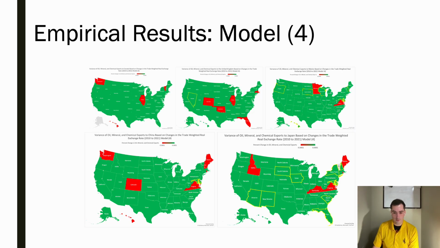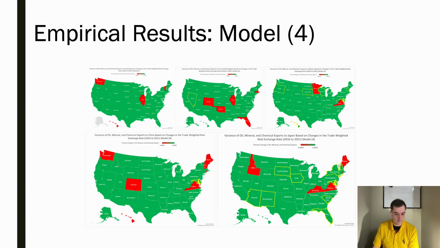And these are the results for the last model, where I used a different measure of the real exchange rate based on that Ellis paper. Again, there's not a whole lot of statistical significance except looking at Japan in this time period. There's a fair amount of states where the number of trading partners and the changes in the real exchange rate using this measure do impact quarterly oil, mineral, and chemical products.